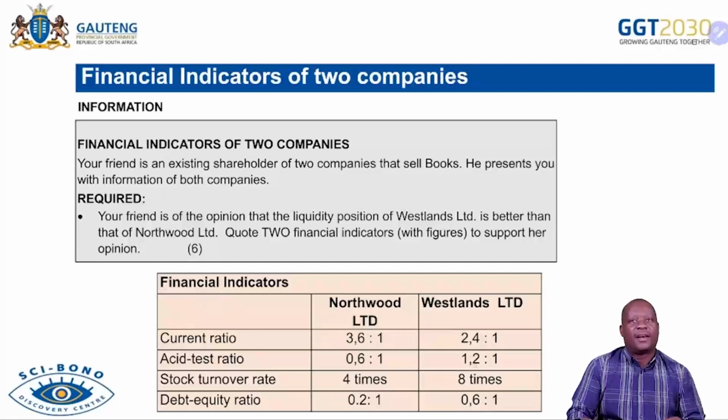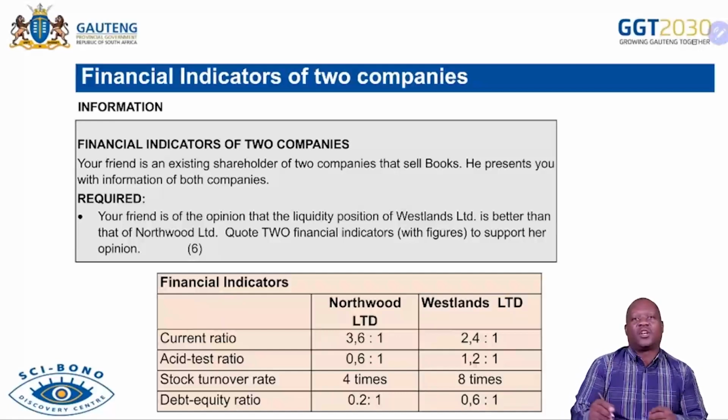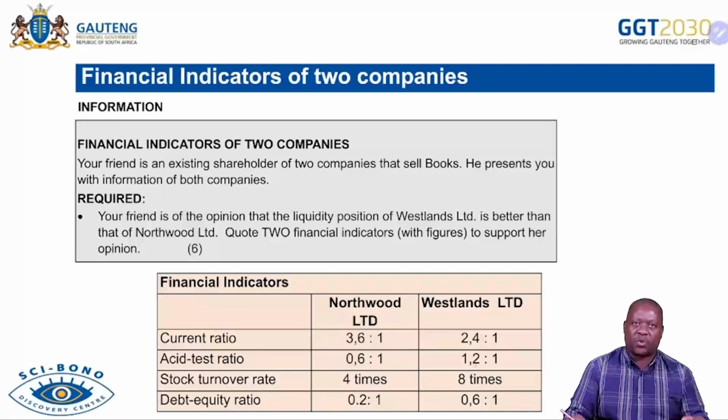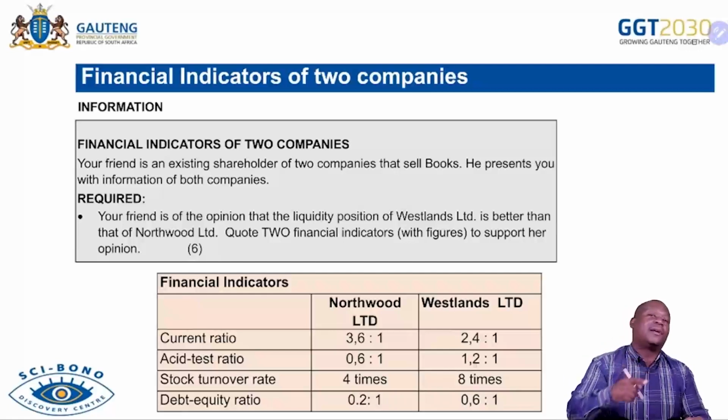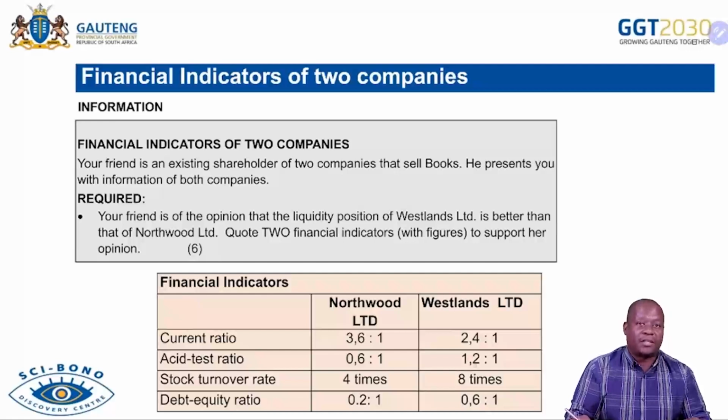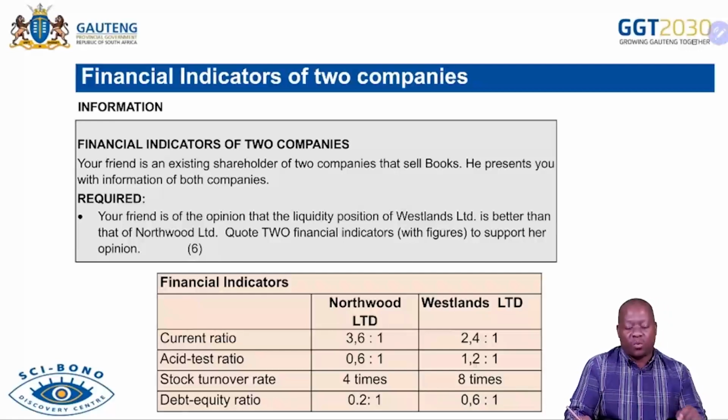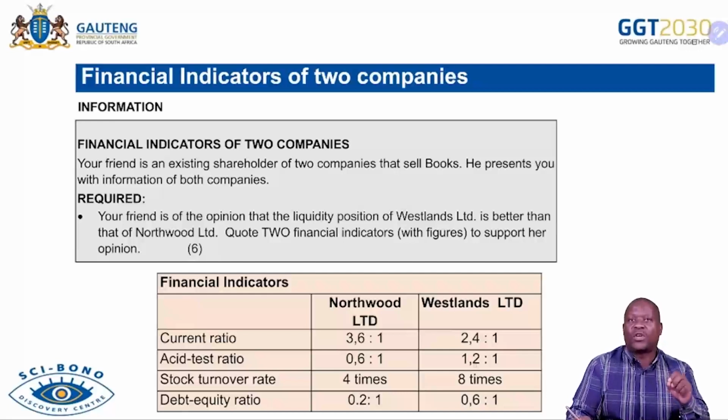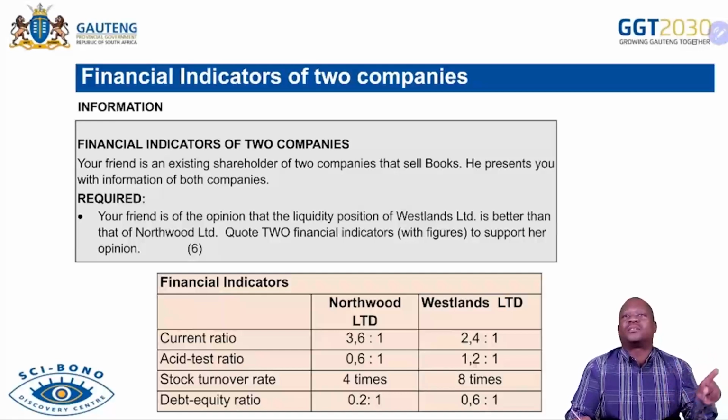Okay, let's go to Northwood Limited. 3.6 in the current ratio minus 0.6 in the acid test ratio. 3, it's representing what? Our inventories. So it means when we get to Northwood Limited, most of our current assets are made up of inventories.